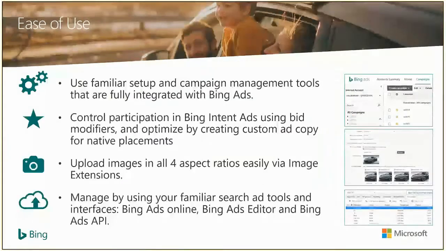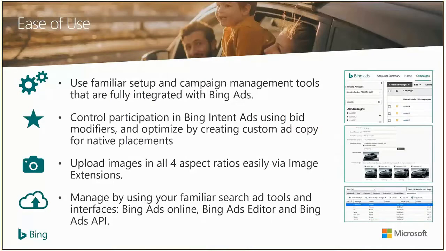So the one thing to summarize in terms of what the product does is, obviously, it's a very familiar setup. You're familiar with the campaign management, nothing additional to do. You can control your participation in terms of how you want to manage your ROI, as well as drive user engagement through a bid modifier for intent ads.